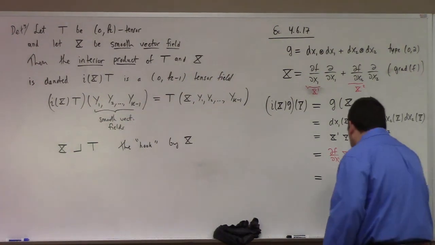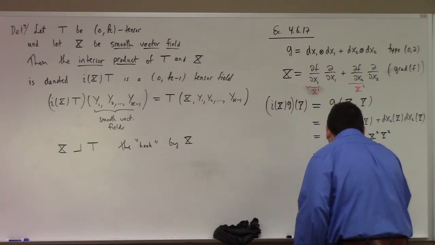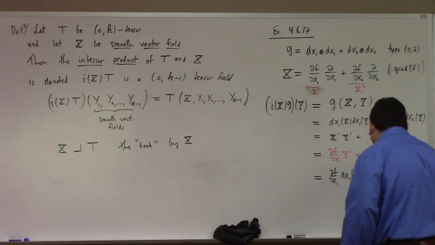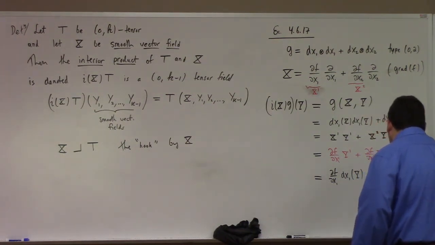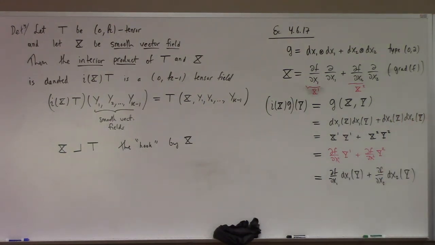So this is really partial f partial x1 dx1 acting on Y, plus partial f partial x2 dx2 acting on Y, right? Because remember, we can use the dual basis to select components, right?